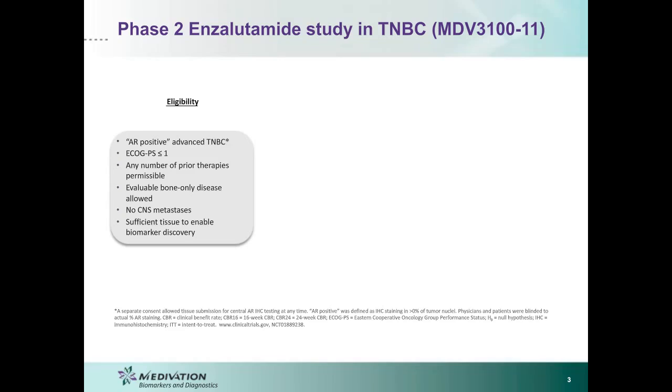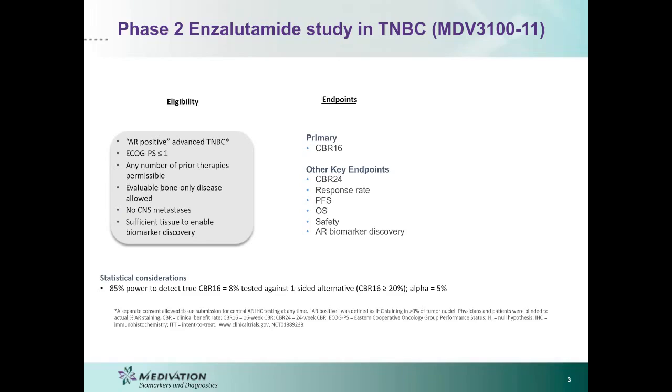They had to have advanced triple-negative breast cancer, triple-negative being defined as lack of staining for estrogen receptor, HER2, or progesterone receptor. They could have any number of prior therapies and allowed for bone-only disease, but no brain metastases were allowed. Also, tissue was taken for genomics from these patients, as you'll see in just a minute.